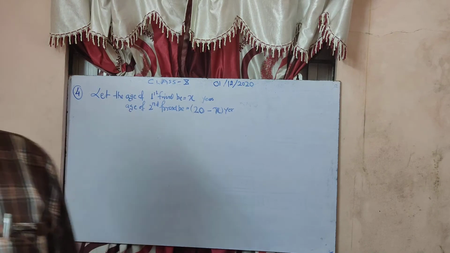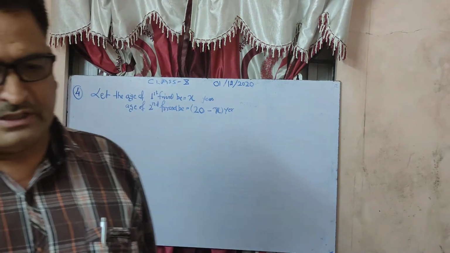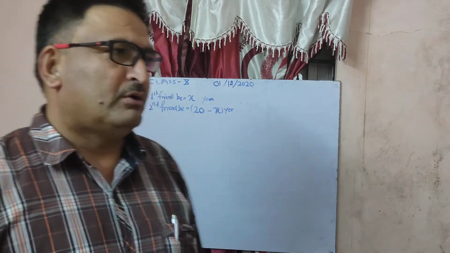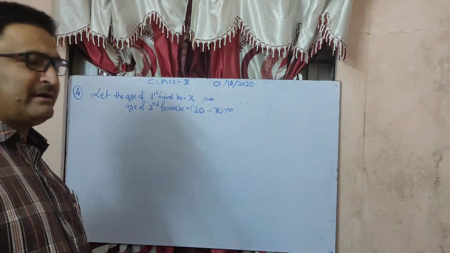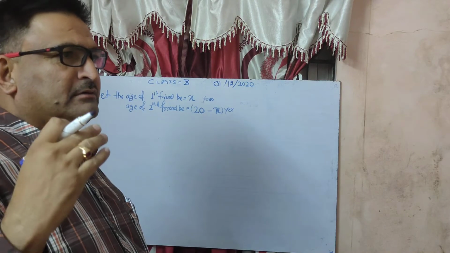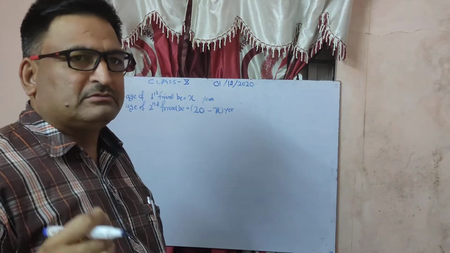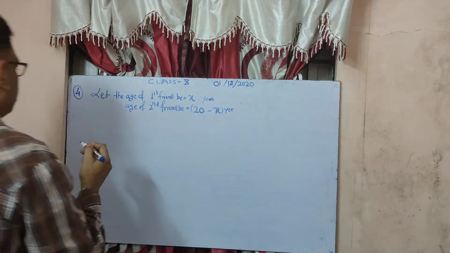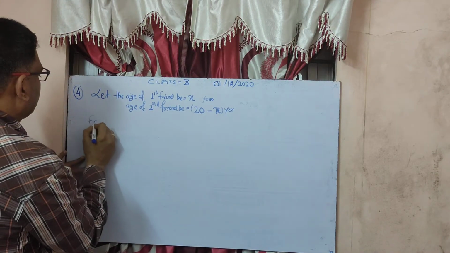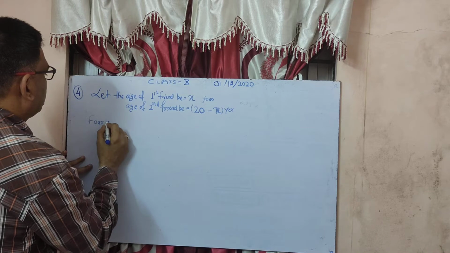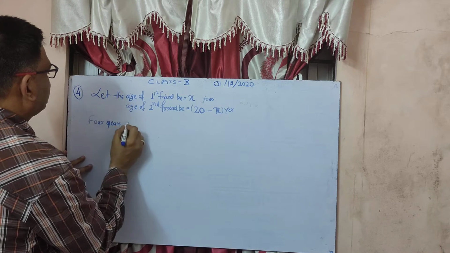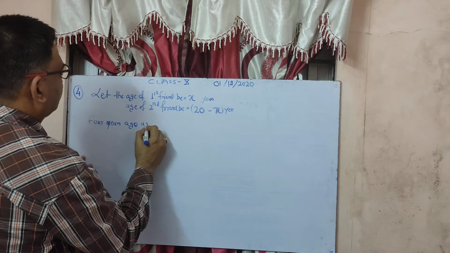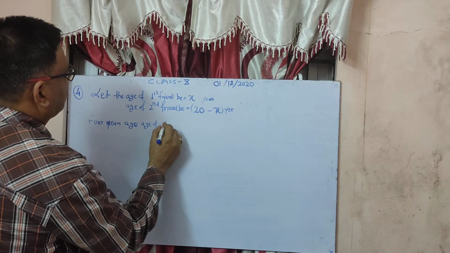Now, what is the second part in the question? 4 years ago. Now, ago means back. What was it 4 years ago? Age of the first friend.